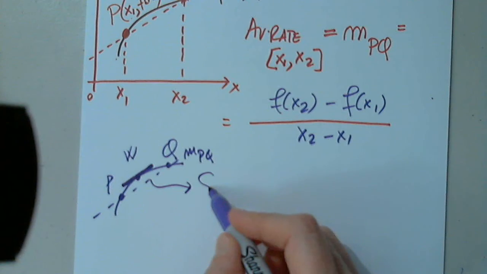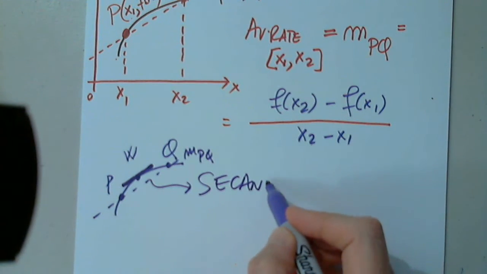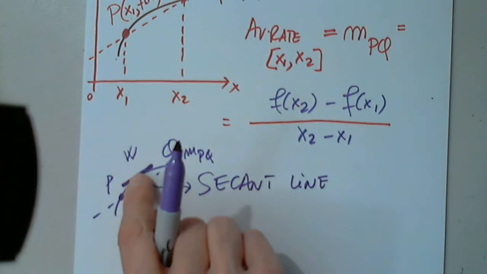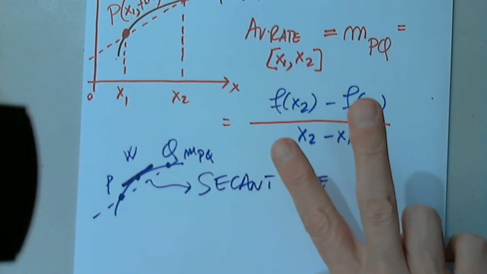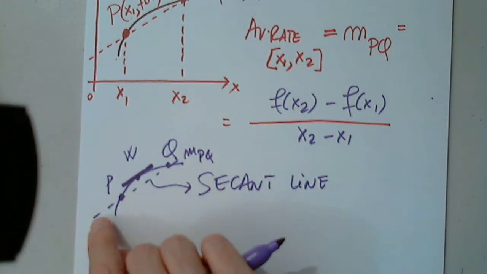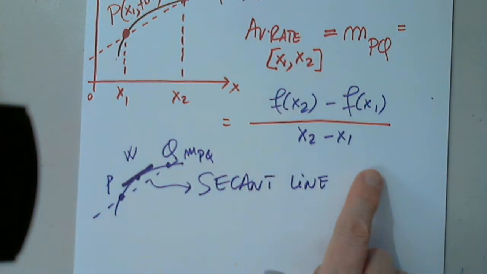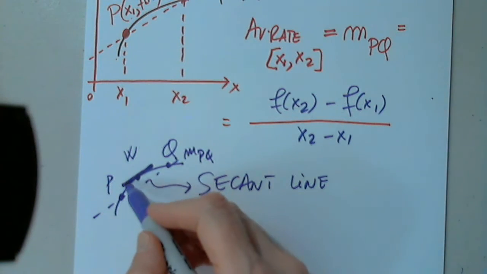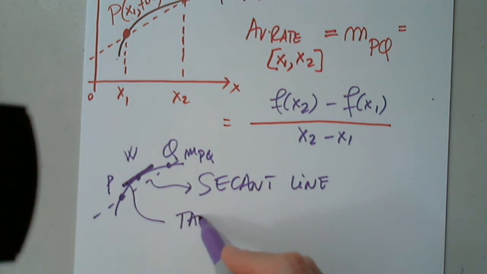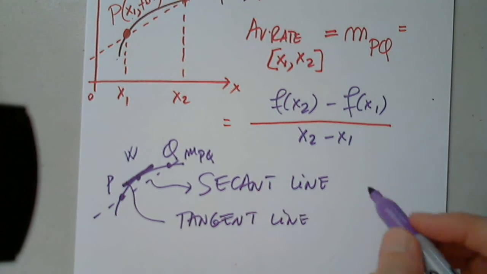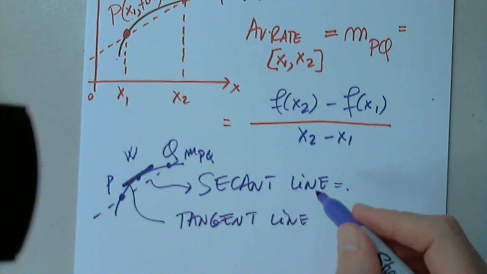So this is called a secant line. It crosses the graph of a function in at least 2 points. And the slope of this line gives us the average rate of change between these 2 points. But this is the tangent line.